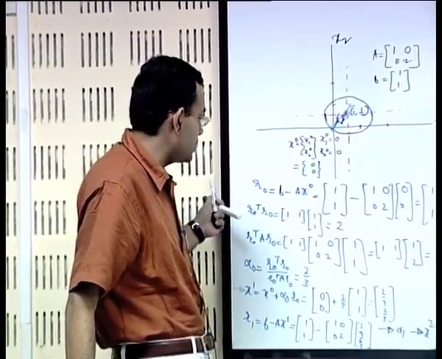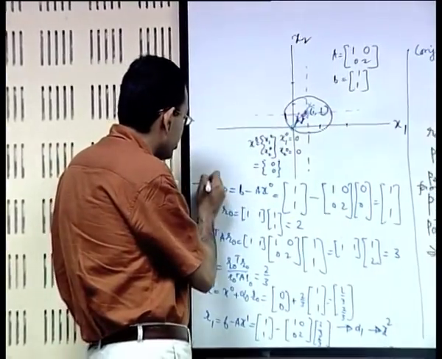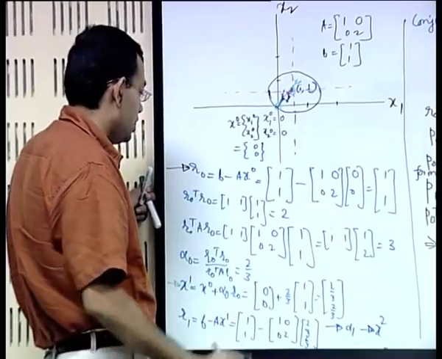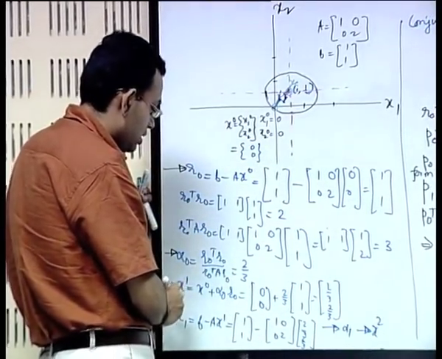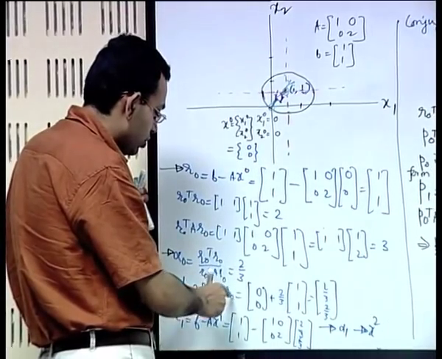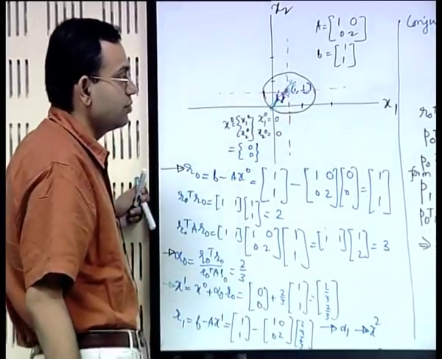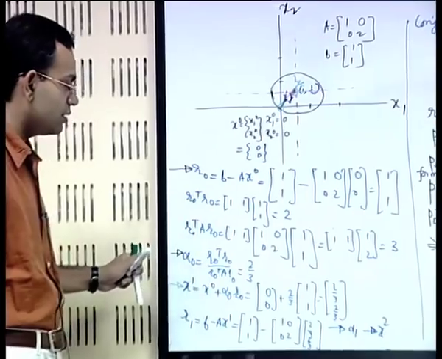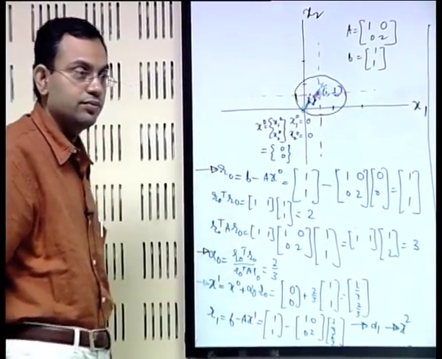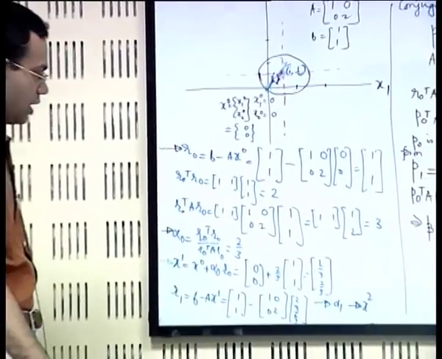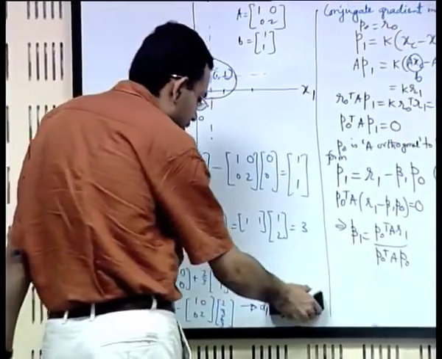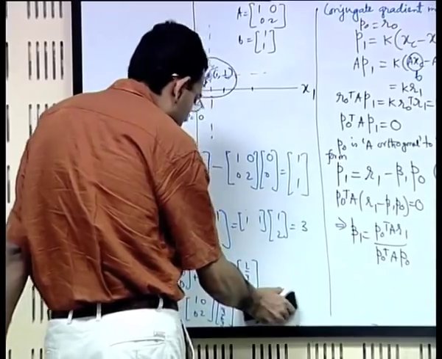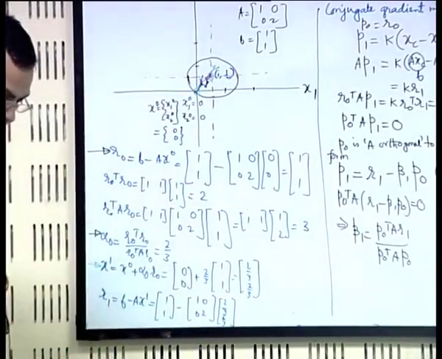Up to which steps? First calculation of R0 which is already there, then alpha 0 and x1 is equal to x0 plus alpha 0 R0, and R1 is B minus AX1. We will require R1 and R0, therefore let us complete the calculation for R1 before we proceed further.